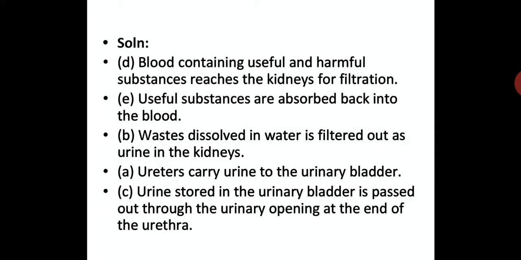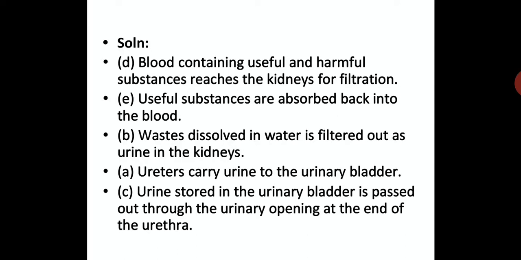So let us see the proper order. Blood containing useful and harmful substances reaches the kidneys for filtration. Next, useful substances are absorbed back into the blood. Then next, waste dissolved in water is filtered out as urine in the kidneys. Then ureters carry urine to the urinary bladder. Urine stored in the urinary bladder is passed out through the urinary opening at the end of the urethra.